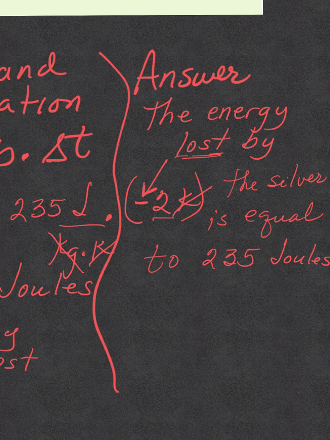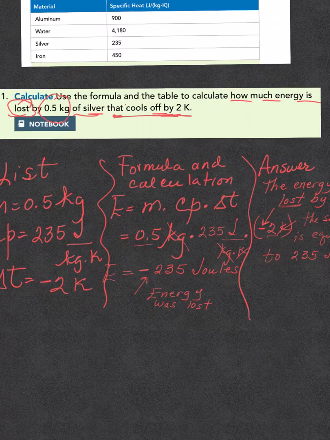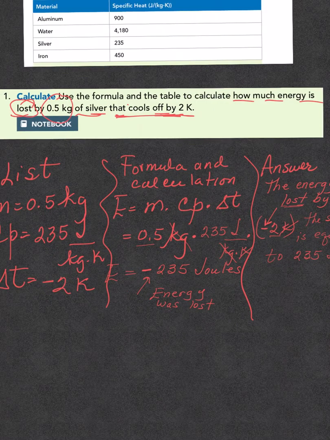The energy lost by the silver is equal to 235 joules. And that's how you solve problems involving the calculation of the energy change when you are increasing or decreasing the temperature of a given substance.